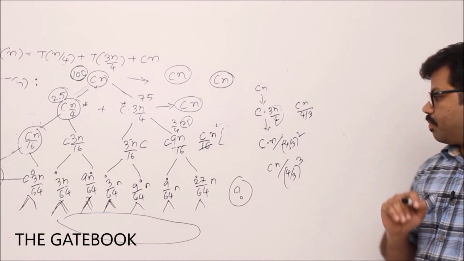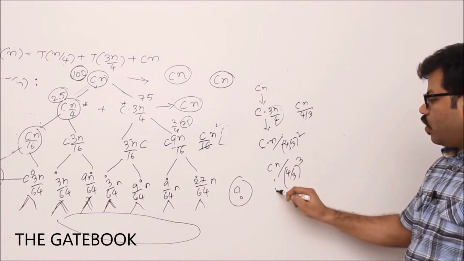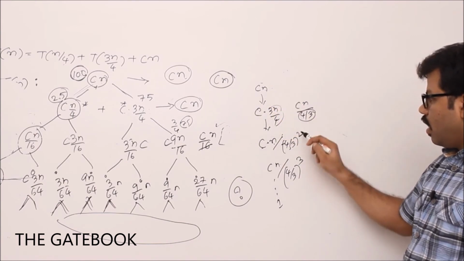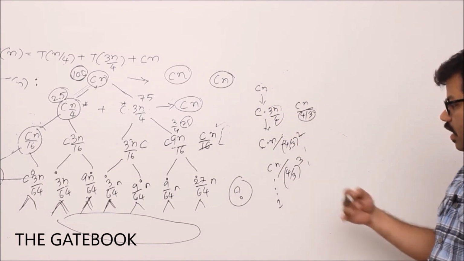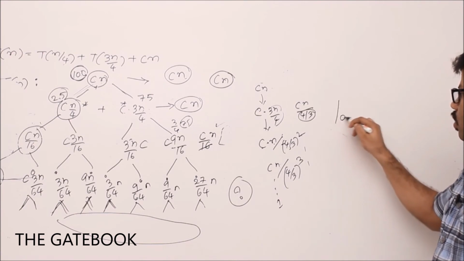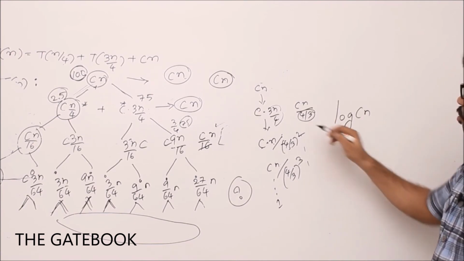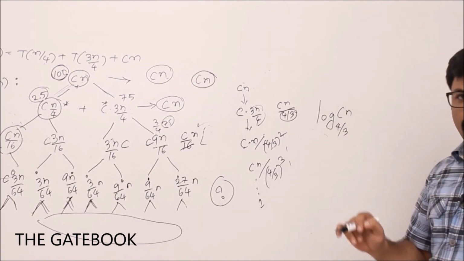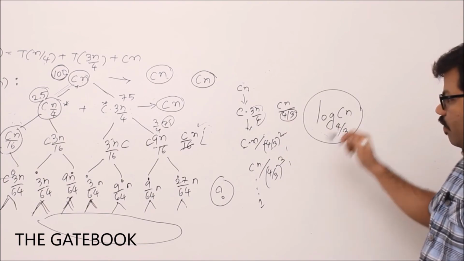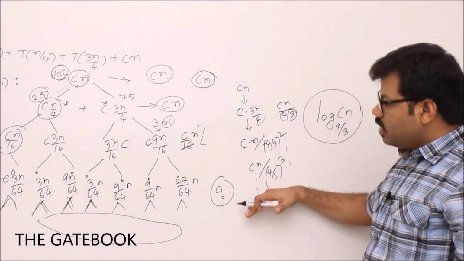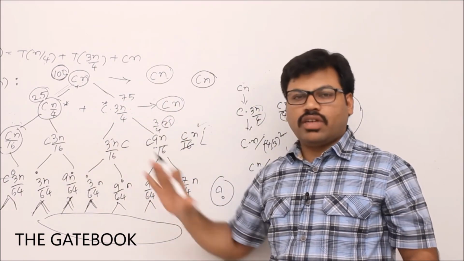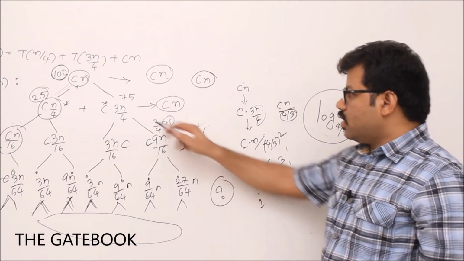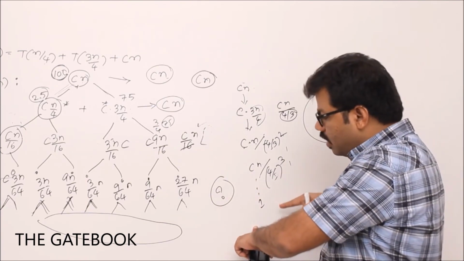That is what I understand with this, 64 by 27. Now what I want to say is, already I told you, if every time you divide Cn by 4 by 3, after how many iterations will that terminate? Definitely log Cn base 4 by 3. So now up to this level, which is the longest path, let's say all the other nodes are also still existing.